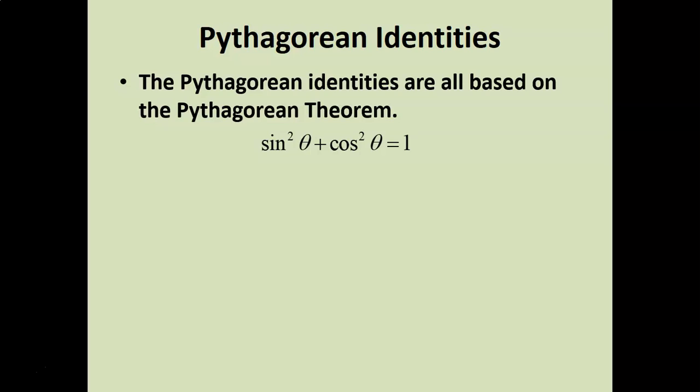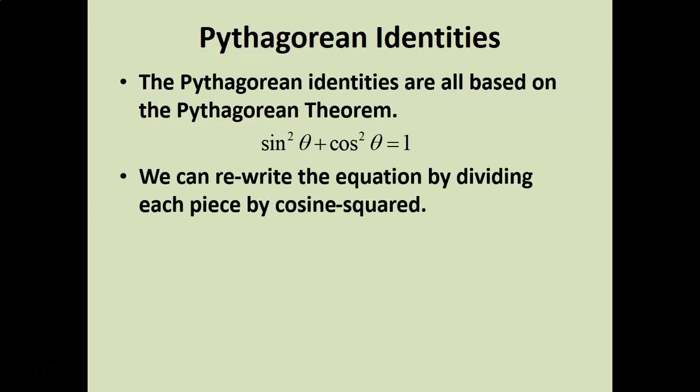Now, we can adjust that based on what we know about the reciprocal identities and the quotient identities. Say, for instance, we were to take the entire sine squared plus cosine squared equals 1, and divide them all by cosine squared.